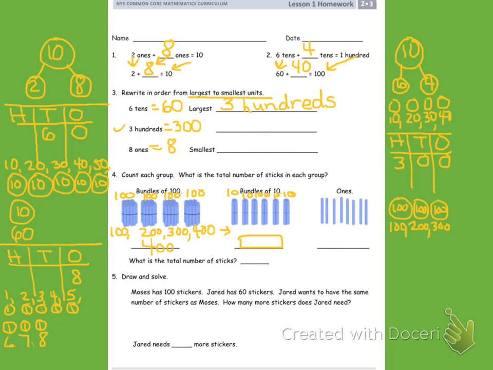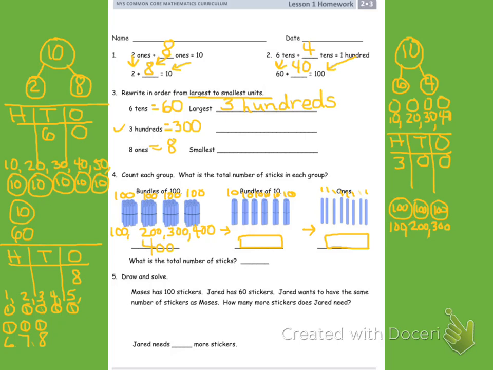In the final illustration, it shows ones. So I'll label them 1, 1, 1, 1, 1, 1, 1, 1. Underneath, I'll count up by ones. And I'll write the numbers underneath, just like I did with the bundles of 100 section. When I find out how many ones there are all together, I'll write the total right there.